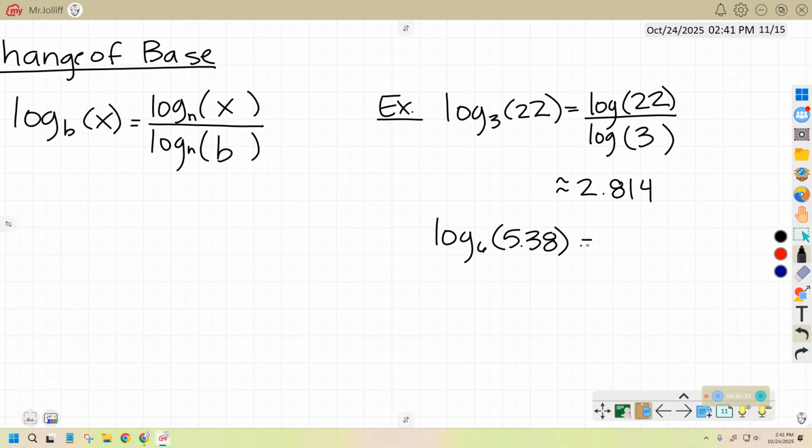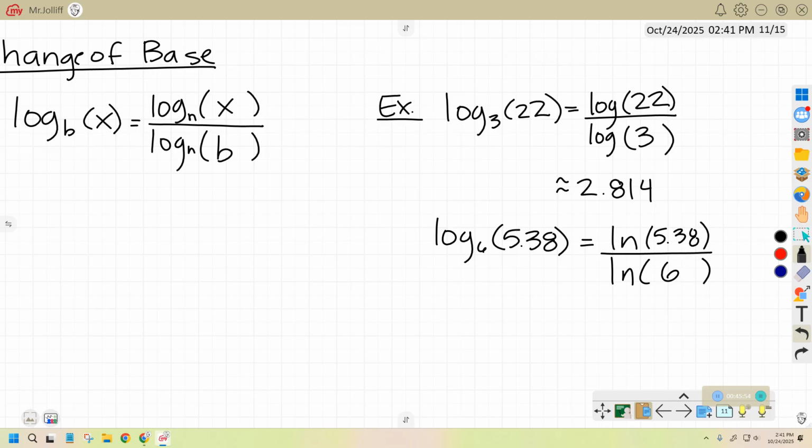I'm going to do ln this time. I'm going to use natural log, ln, because I was a physicist at one point, and we used natural log a lot. Pattern's the same. Argument of the old log on top. Base of the old log on bottom.